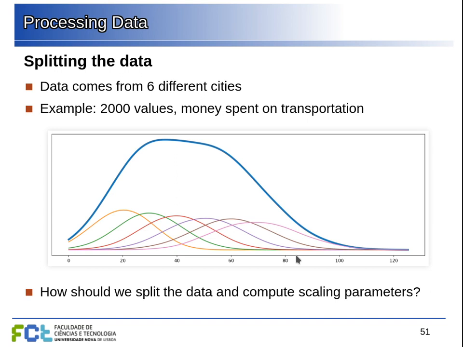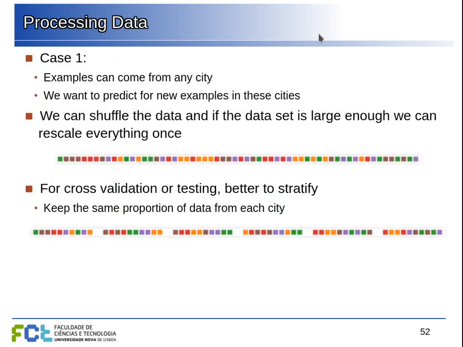And the question is, do we compute the scaling parameters first, or do we need to compute them each time we are doing cross-validation or something like that? And how do we split the data? And the question here depends on what you're trying to answer. Suppose we are taking examples from all the cities, and we have a model that we want to train and find a way to predict something about the price of transportation for any of the same cities at random.